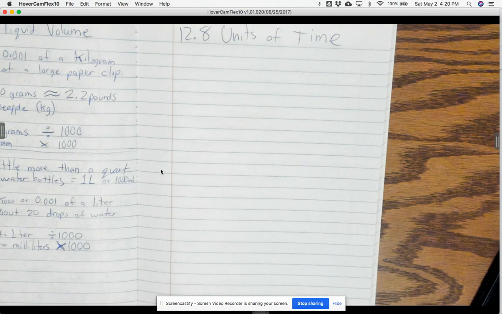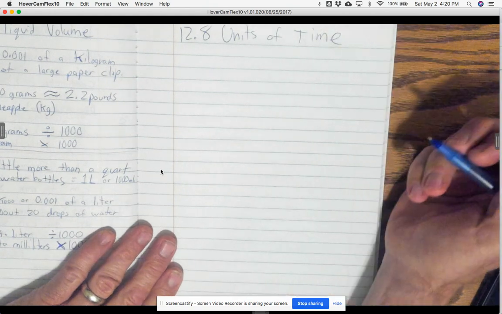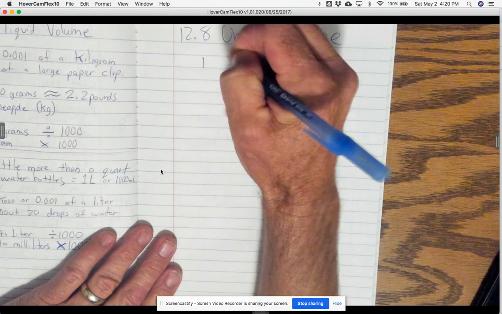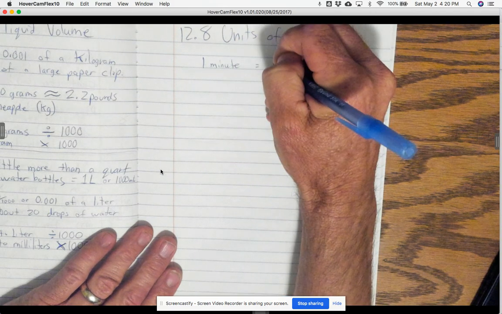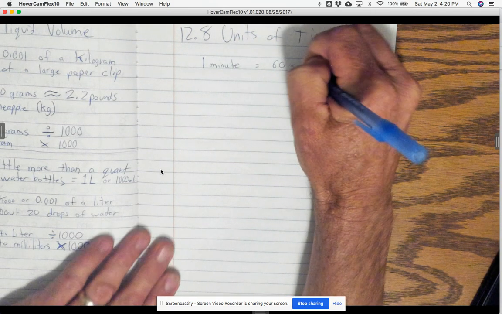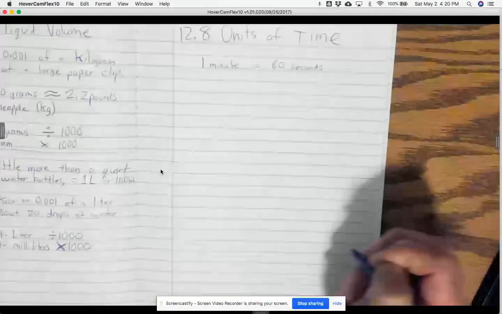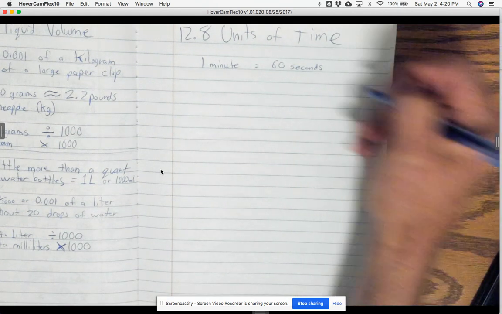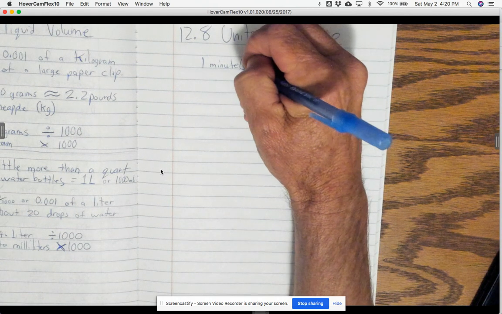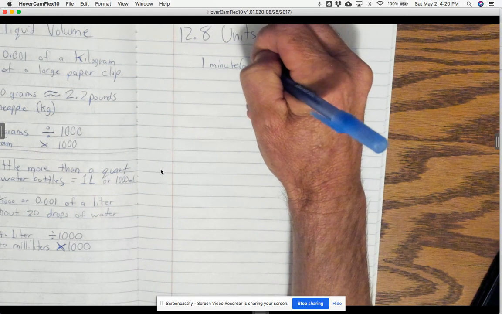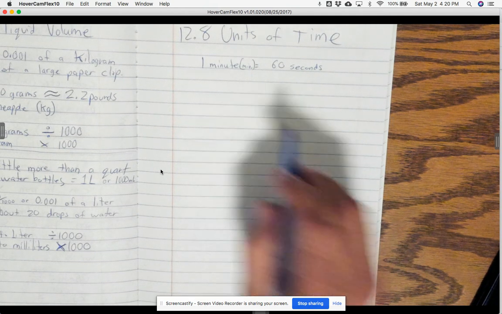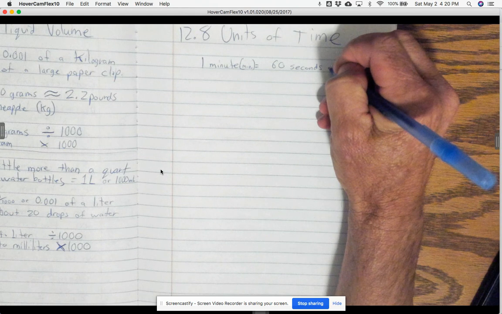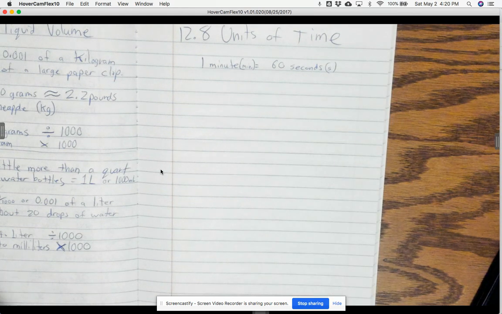And we're not going to go as low as milliseconds or anything like this, but we are going to start with 1 minute equals 60 seconds. And minutes, just so you know, is abbreviated MIN period. I need that period to show its abbreviation of minute. And then seconds can be abbreviated with just a S.